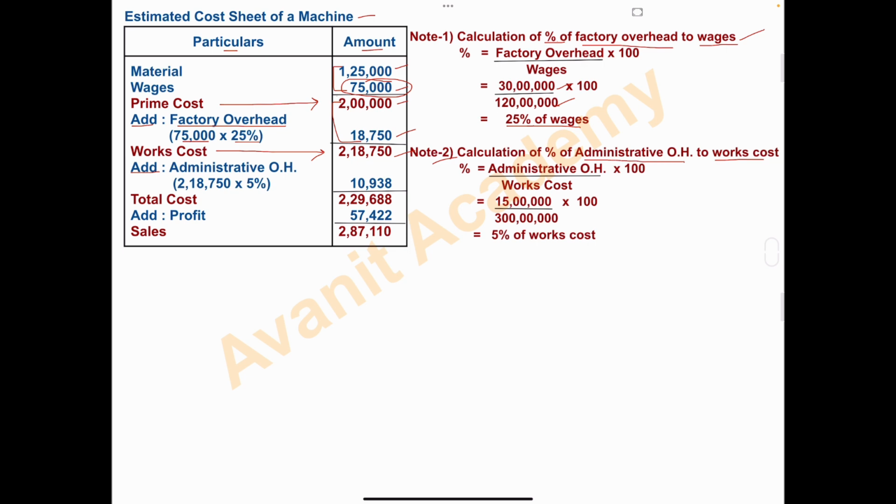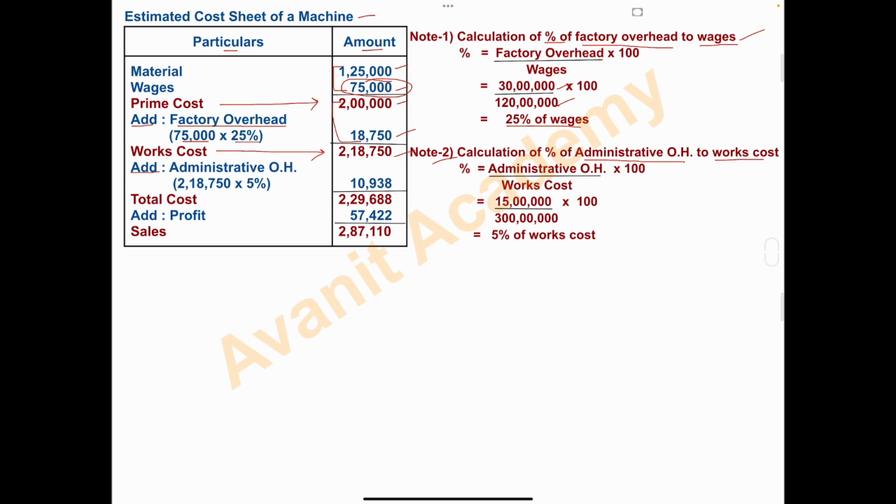So the formula is to calculate the administrative overhead. Percentage is equal to administrative overhead divided by works cost into 100. To put the values to this formula, refer the previous cost sheet, that is cost sheet for the year ended 31st March 2012.